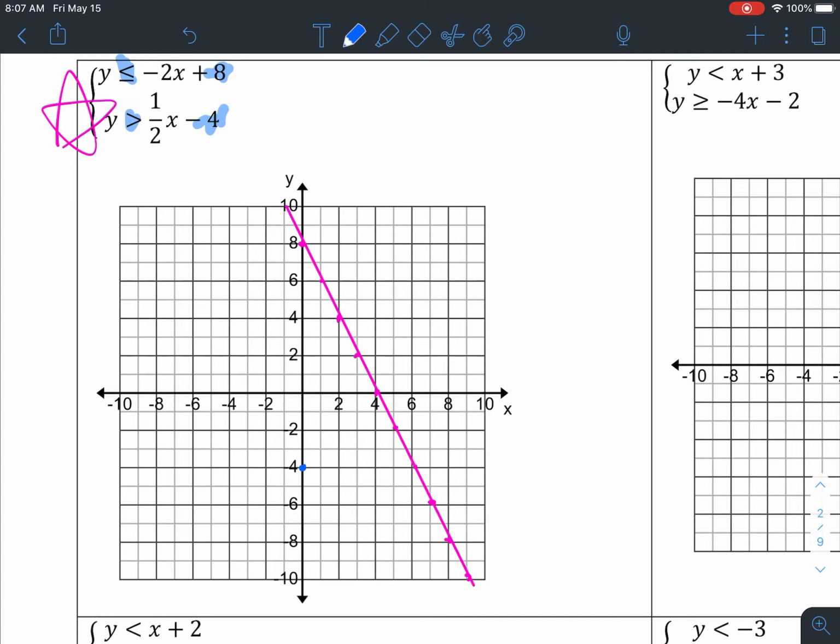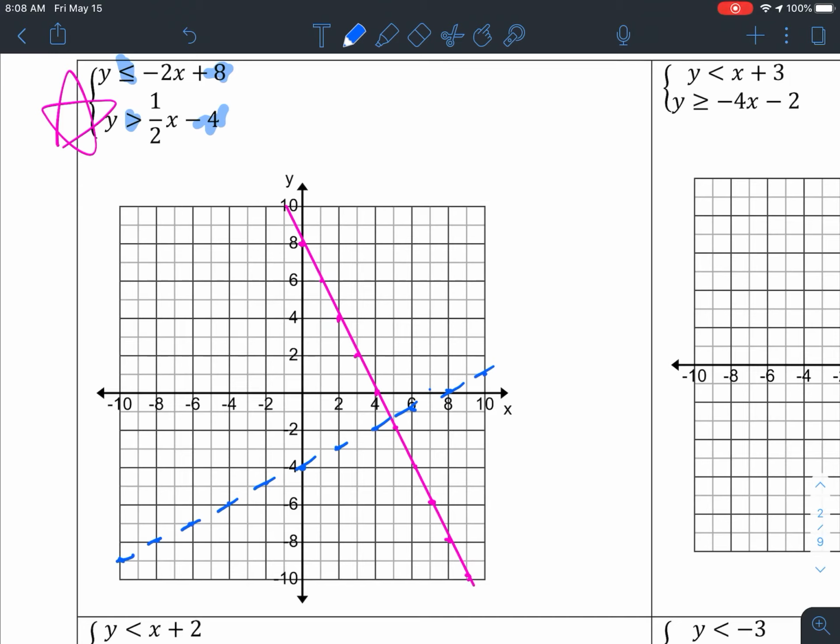So up 1 over 2, repeating, and same going this way, over 2, down 1, repeating. Just do the best you can on a dotted line. It doesn't have to be dead perfect for me. Just do the best just like that.